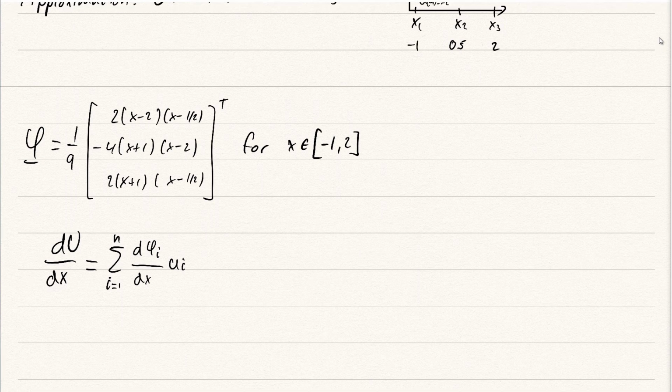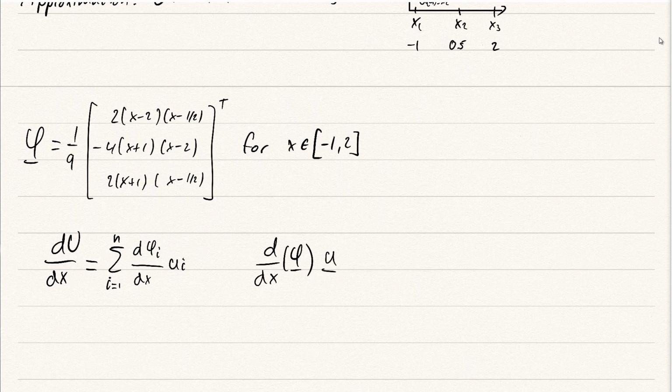This is a row matrix, 1 by 3, and if you want to do this operation, what you could do is take the derivative d/dx of the φ vector here, and we multiply this by the row vector u.